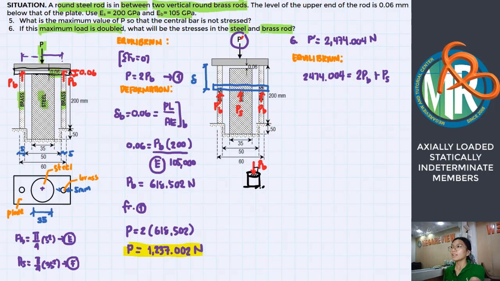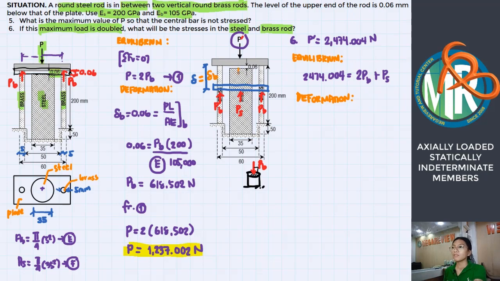Kuha ulit tayo sa ating compatibility equation from their deformation relationship. Now, as you can see, nag-exceed ng 0.06 again yung ating displacement ng plate. Ibig sabihin, yung total deformation ng brass rod natin is this length din. Tama? Yung displacement ng ating plate is also the deformation of our brass rod.